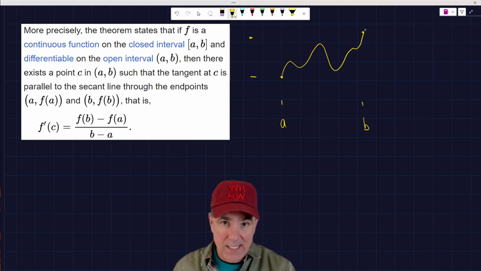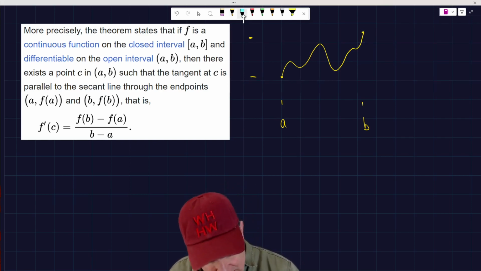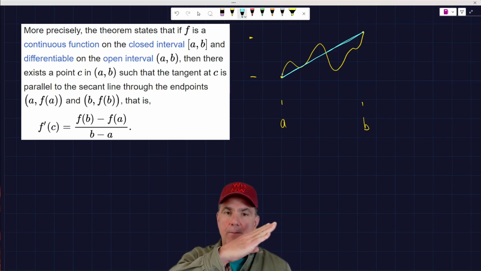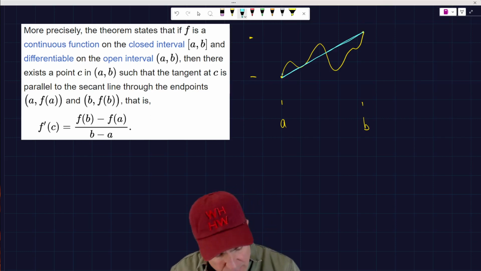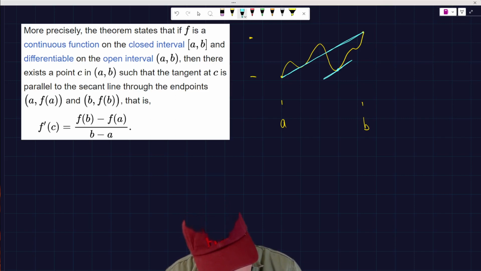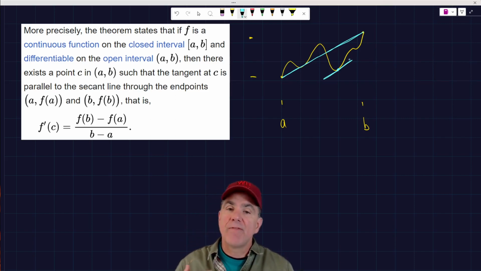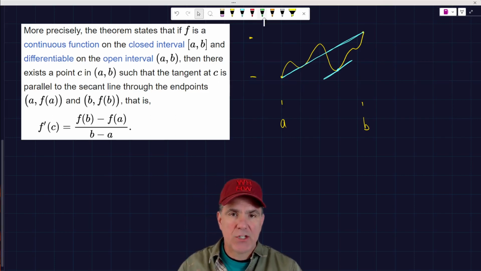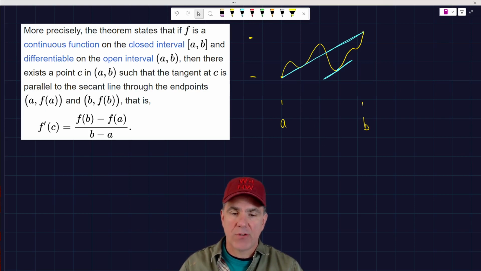And what the mean value theorem says is, if I consider the secant line that connects these two points, if I look at the slope of that line, there's at least one point in here where the slope of the tangent line, the slope of the derivative, is the same. So it turns out that this is a really straightforward result from Rolle's theorem.